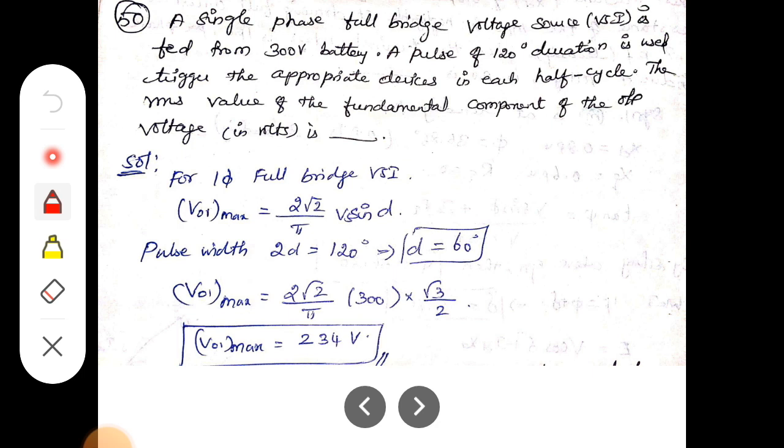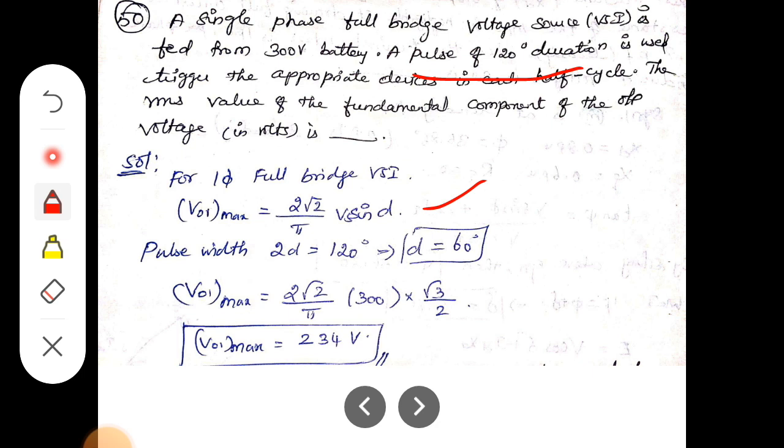For a single phase VSI circuit, the output voltage is 2 root 2 divided by pi into Vs sin d. Here d is alpha, so the pulse width 2d is equal to 120 degrees. So they provided 120 degrees. For each and every half cycle it will trigger, so it will be divided by 2.